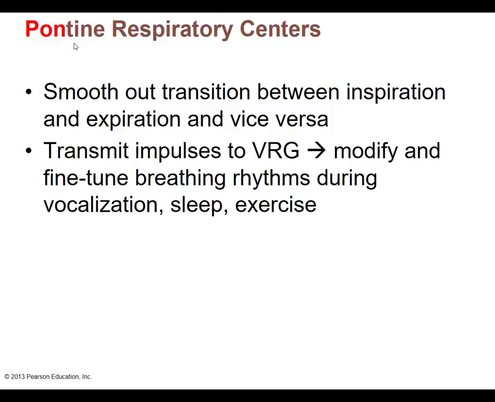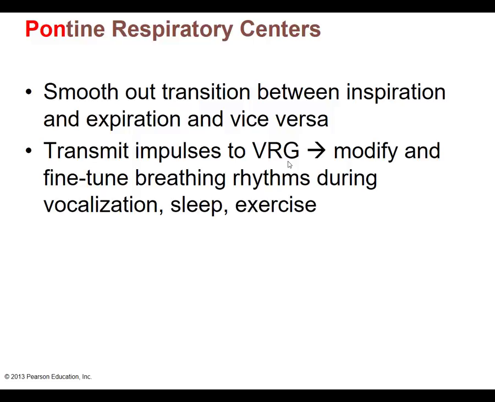It sends information to the ventral respiratory group, and it allows us to also modify some of our breathing. If you're talking or singing, you're not breathing normally. When you're sleeping, it's relaxing. When you're exercising, it's speeding up. The ventral respiratory group sets our rhythm, and the pons modifies it based on what we need.